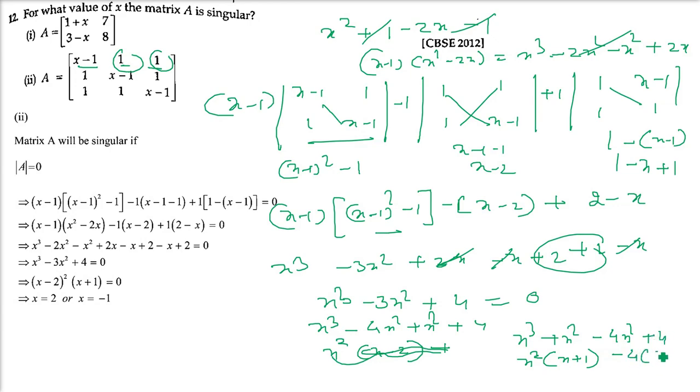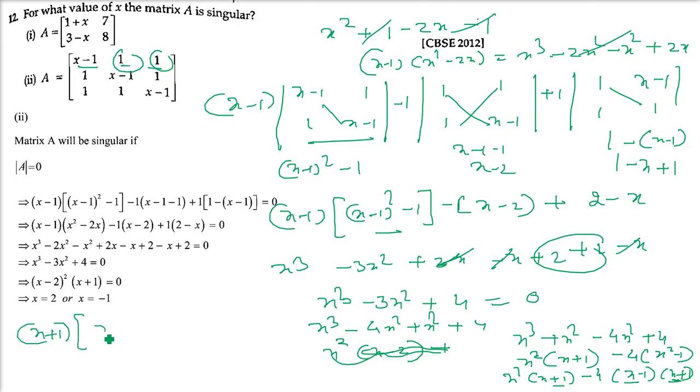Just write x square minus 1 here. Now x square into x plus 1 minus 4, where x square minus 1 can be written as x square minus 1 square, that is x minus 1 into x plus 1, a plus b, a minus b. So now we can take x plus 1 common.